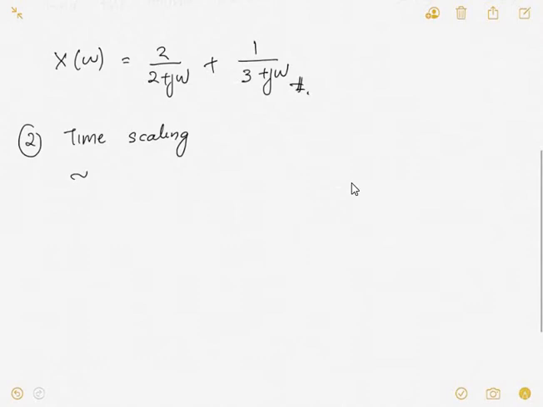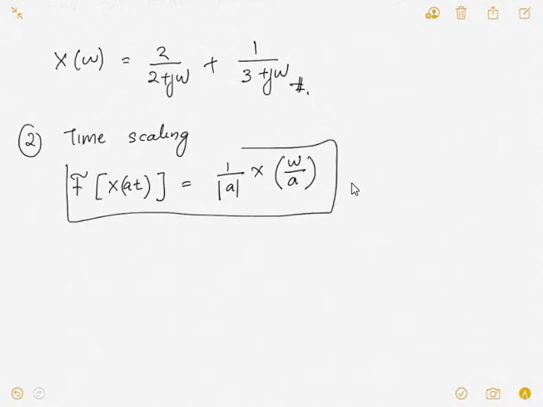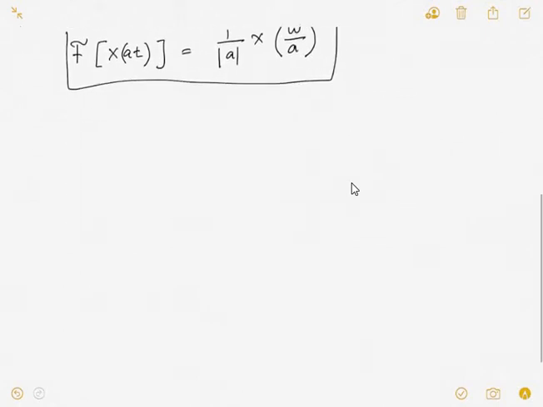And we have the Fourier transform of x(at) equivalent to 1 over modulus a, X(omega over a). Okay. So example 2.